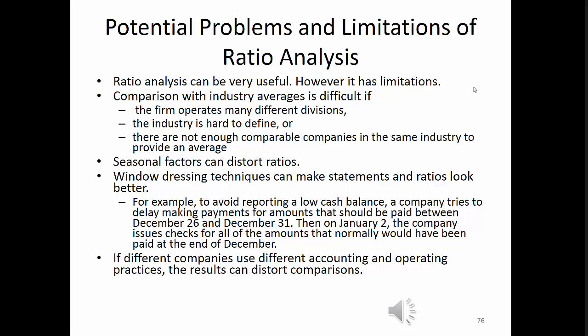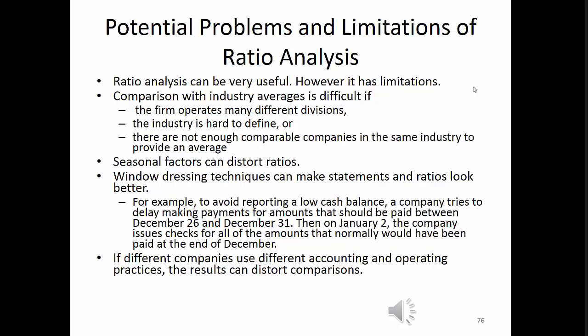For example, to avoid reporting a low cash balance, a company may try to delay making payments for the amount that should have been paid between December 26th and December 31st. Then, on January the 2nd, the company issues checks for all of the amount that normally would have been paid at the end of December.